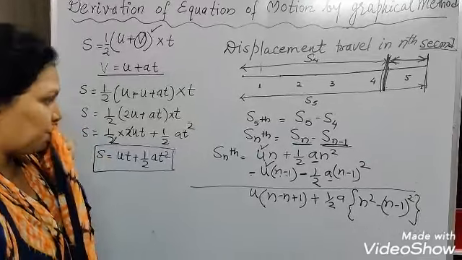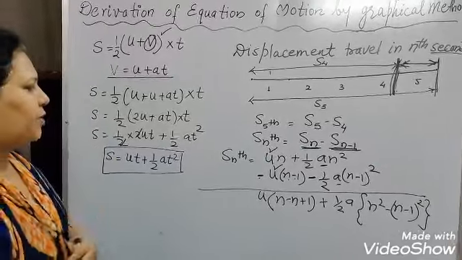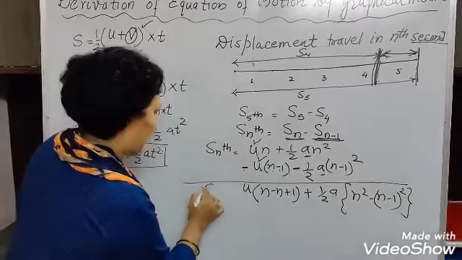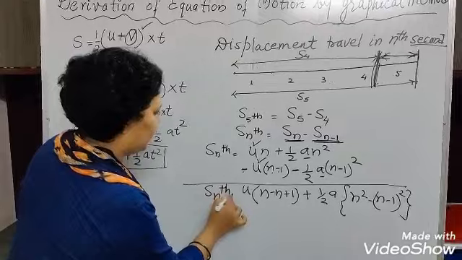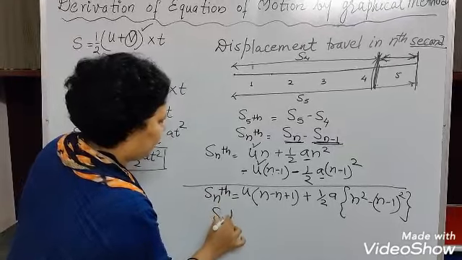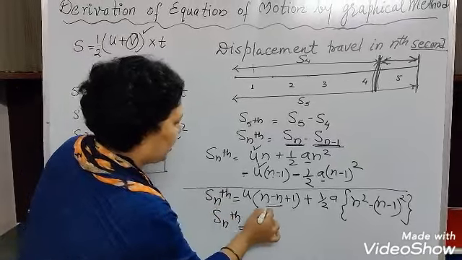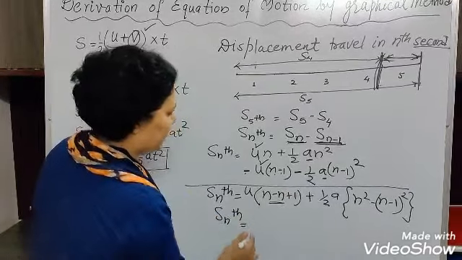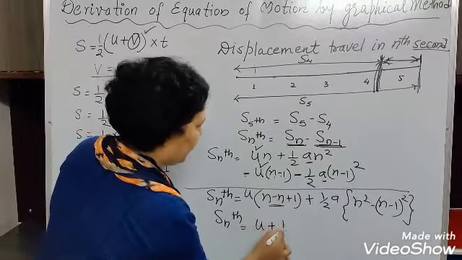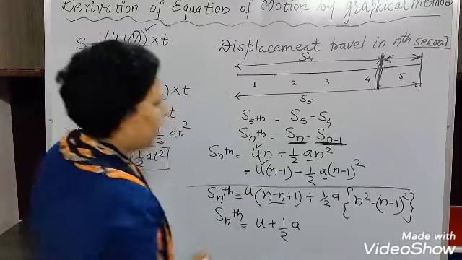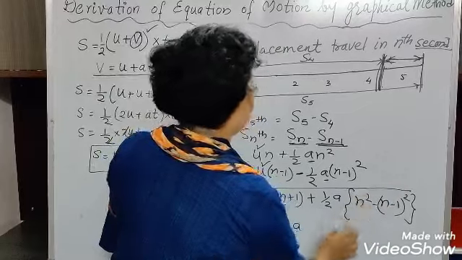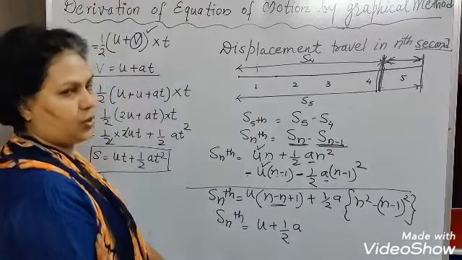So we can see here, this is Snth, equal to u, since n minus n is 0 and plus 1 is there, plus half a, and this is n square minus n minus 1 the whole square.